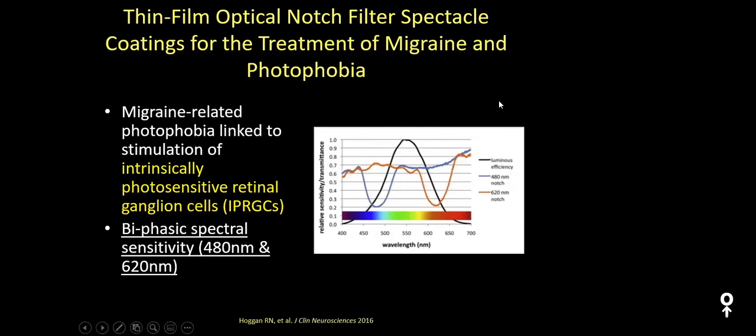But also within the retina are these very, very large cells. They're called intrinsically photosensitive retinal ganglion cells. And these have absolutely nothing to do with vision, but they have everything to do with circadian rhythm. Tells us when to get up in the morning, tells us when to go to bed at night. It regulates our internal clock.